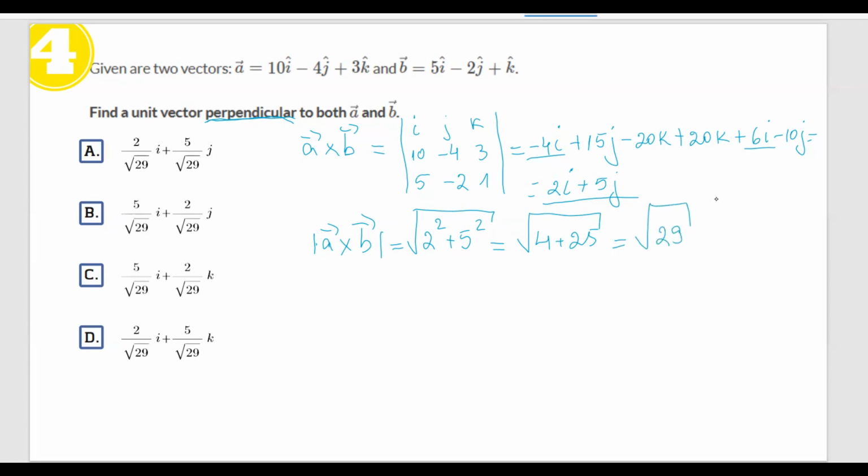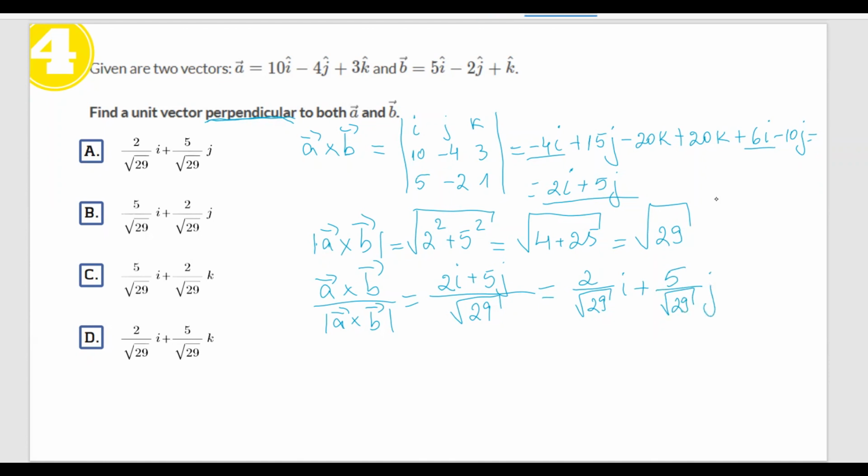So now the unit vector is going to be A cross B over the magnitude of A cross B. So in our case, we get 2i plus 5j over square root of 29. And this can also be written as 2 over square root of 29 i plus 5 over square root of 29 j.